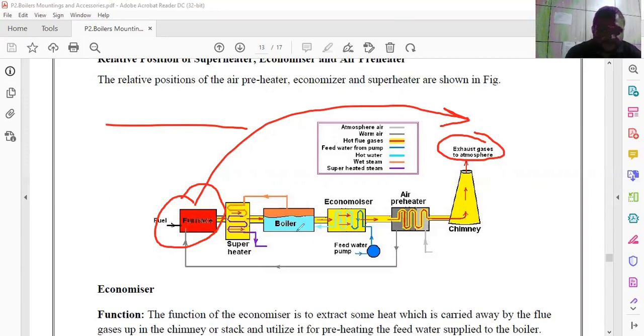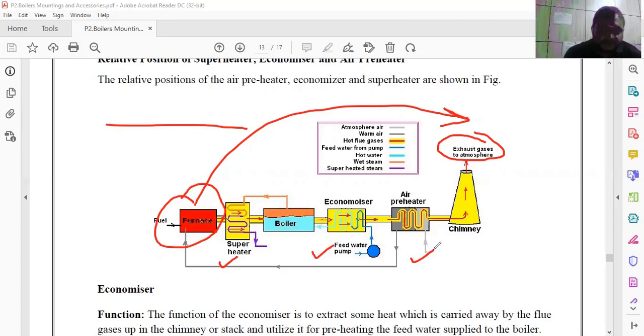So these three accessories, superheater, economizer, and air preheater, are attached in the path of the exhaust gases between the furnace and chimney.